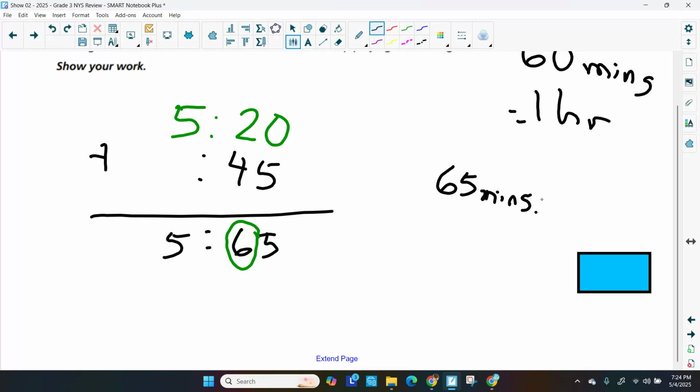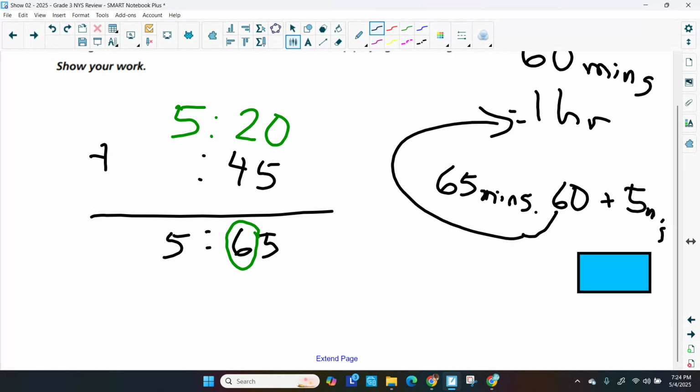That's 60 minutes plus another 5 minutes. And 60 minutes, as we said, is 1 hour. So 65 minutes is 1 hour and 5 minutes, 05. So I'm going to put 1 hour and 5 minutes here.